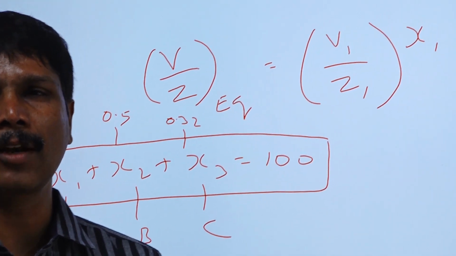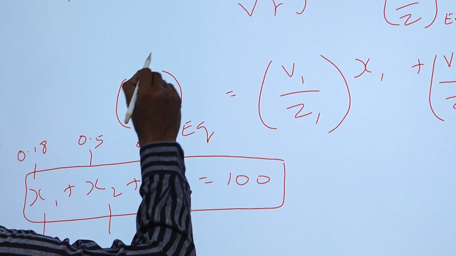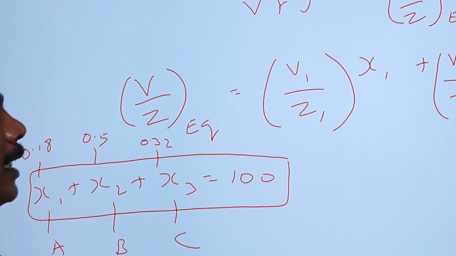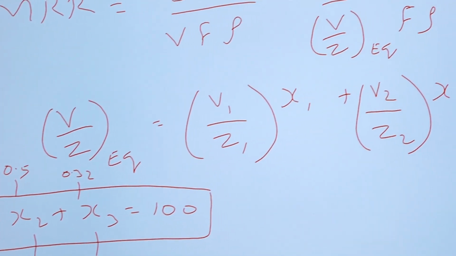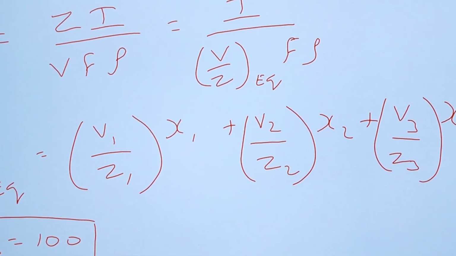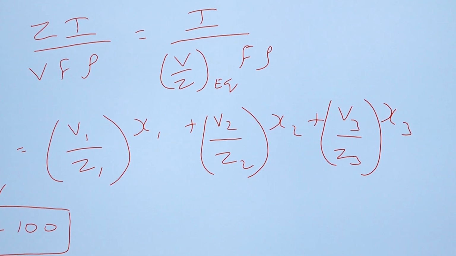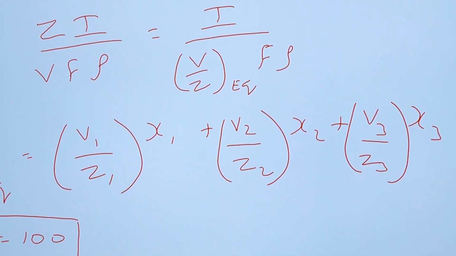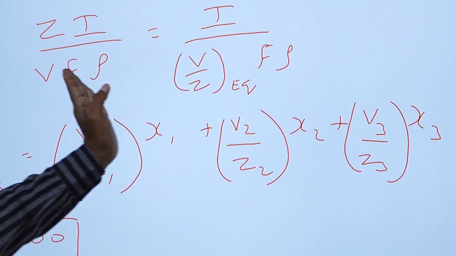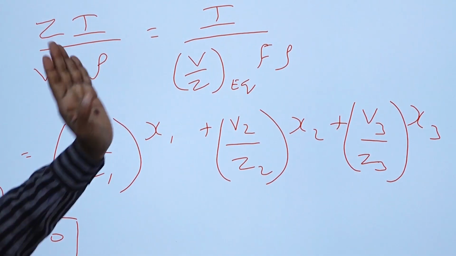We calculate this equivalent term and substitute it in formula 2. In this way we can find the MRR of the alloy. When we machine an alloy in ECM, we use this formula. When it is a single element, we can use the earlier formula.